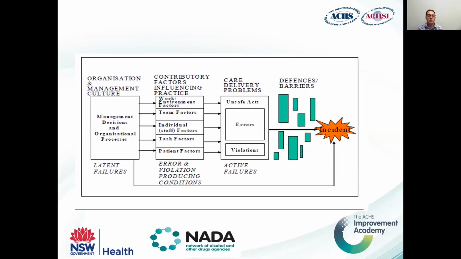We understand that and we acknowledge that. But where we're trying to focus our investigation is on the left-hand side of this diagram. So we're looking at contributory factors and at the organisation, management and culture. And it's there we direct our recommendations towards improving the system.